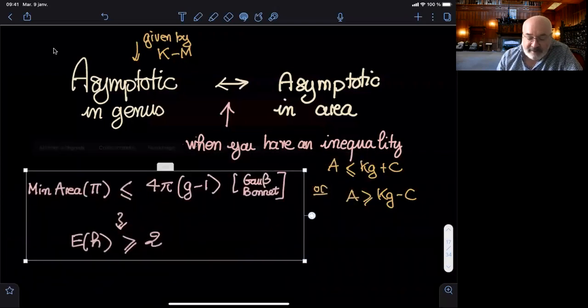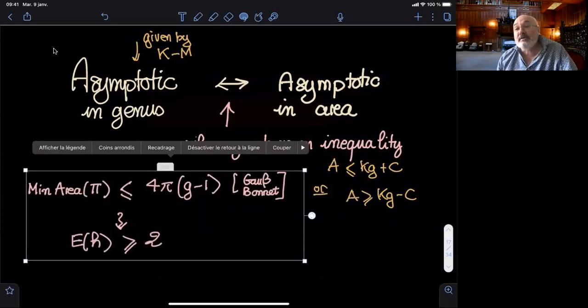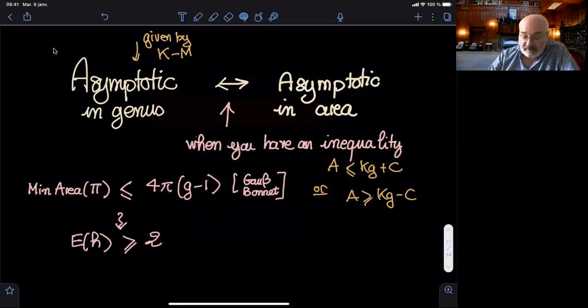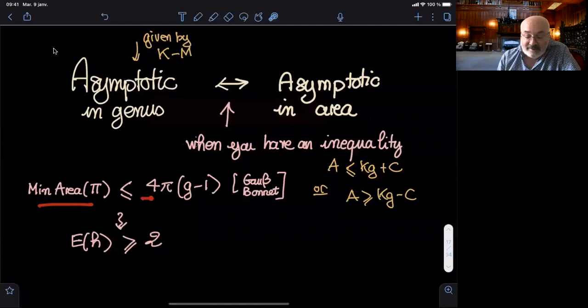You have a very nice result. Let's go a little bit ahead of ourselves and say that your surface can be represented by a minimal surface. Because of all your hypotheses on M, the curvature of this minimal surface is no greater than -1. So this implies that the area is less than 4 pi (g minus 1), by Gauss-Bonnet.